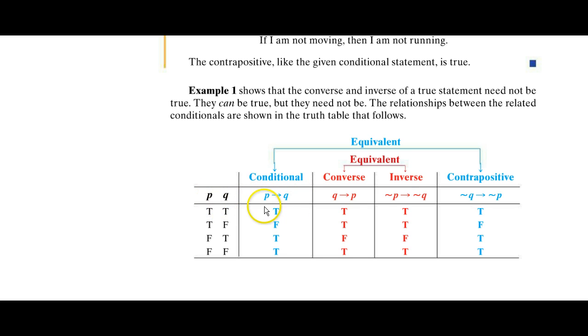P, Q. Conditional is P yields Q. The converse, Q yields P. The inverse, not P, yields not Q. And the contrapositive, not Q, yields not P. And there it shows you the truth values.